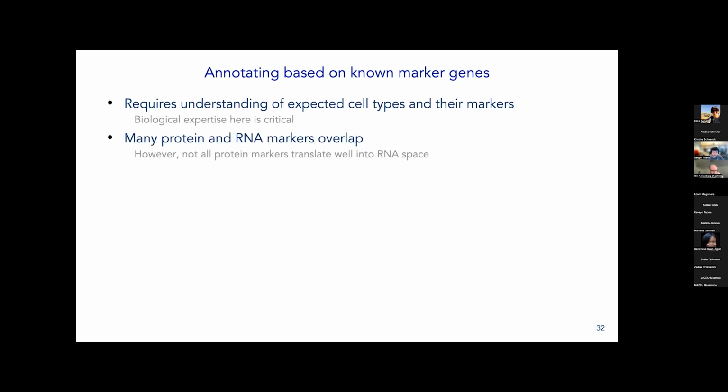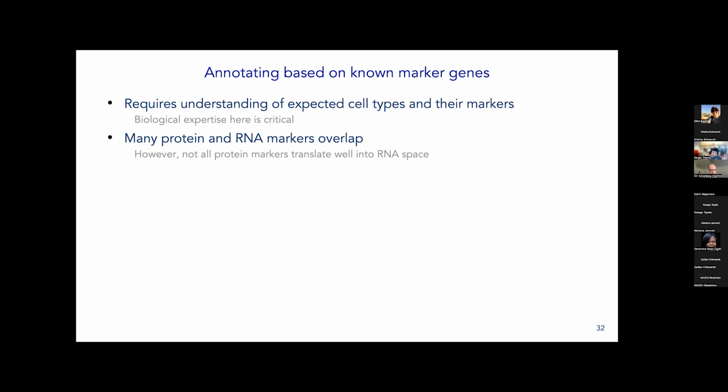Here, many protein and RNA markers overlap. If you have information from antibody stainings or protein expression or knowledge from protein atlases, they do overlap with RNAs most of the time, but not always. A lot of markers that are well-known protein or antibody markers for certain cell types will not appear in your RNA space.